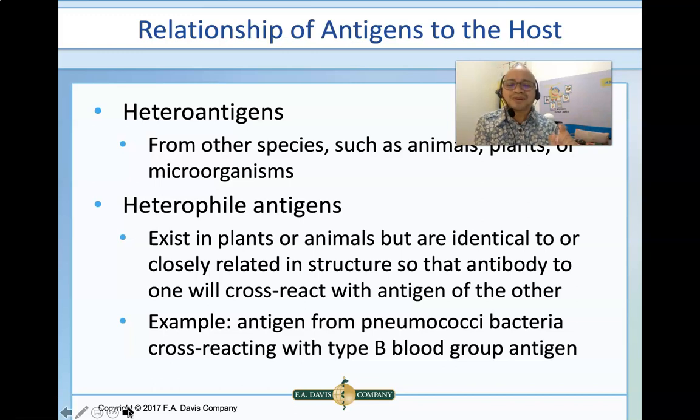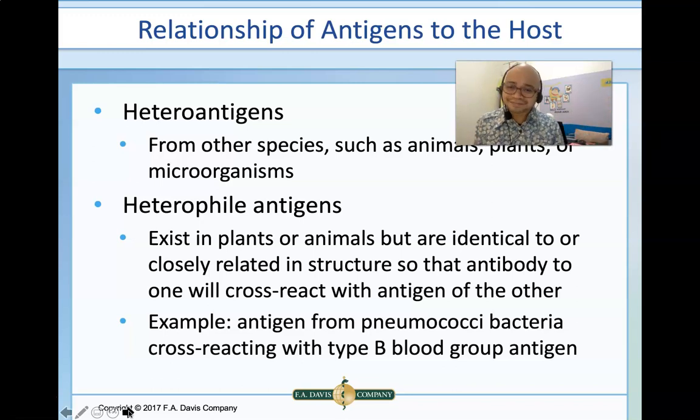For example, if you get infected with Streptococcus pneumoniae, a pneumococcal bacteria, the antigen from the pneumococcal bacteria will cross-react with those people who are type B, because you have a type B blood, and you have a B antigen on the surface of your RBC.